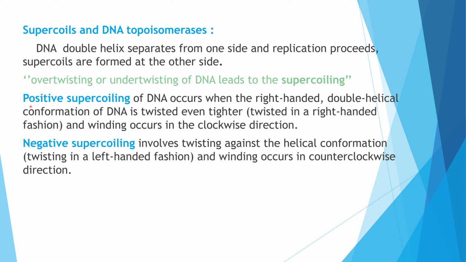Positive supercoiling occurs when the right-handed double helical conformation of DNA is twisted even tighter, in a right-handed fashion, and winding occurs in the clockwise direction. Negative supercoiling involves twisting against the helical conformation, that is, in a left-handed fashion, and winding occurs in the counterclockwise direction.